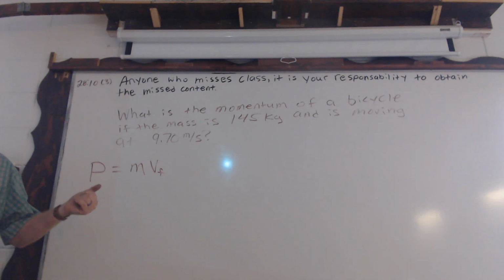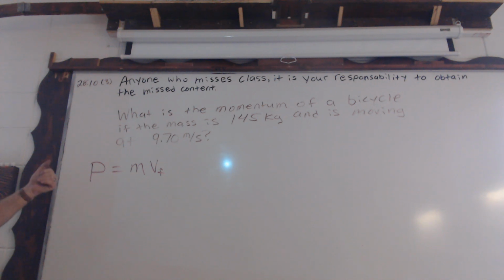Velocity is V, acceleration is A, right? Can anyone see why you might not want to use M for your variable for momentum? Because it could be mass. You could use that for mass as well, and you wouldn't know the difference.